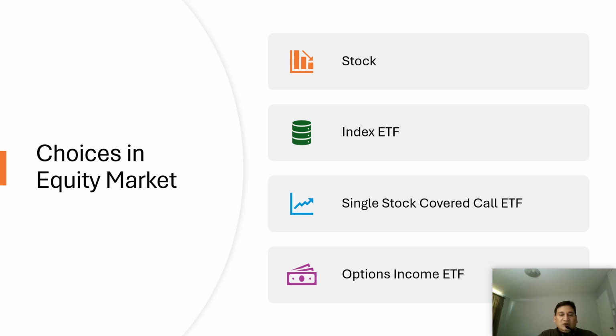So again, just want to reiterate the same points. One is you're making income, let's call it I, which is like a dividend. That could be paid every quarter or month, depending on the stock. And the other is capital appreciation, CA. The price of the stock goes up. It can go down as well, but we hope for the prices to go up, right?